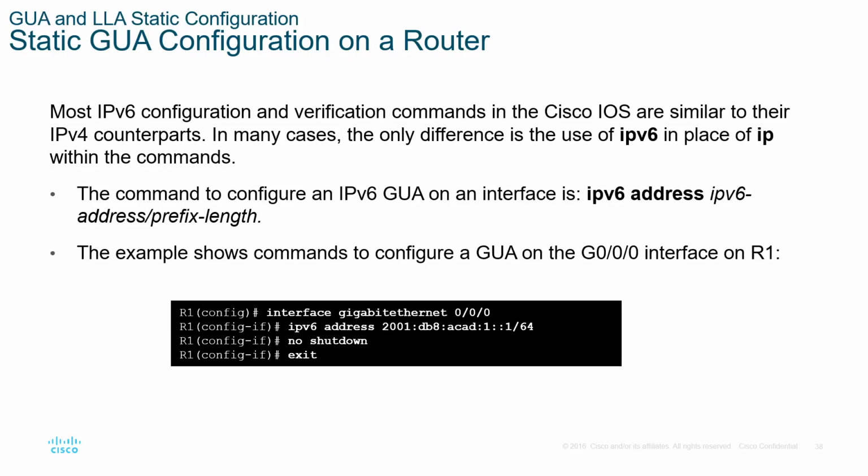In contrast with IPv4 address assignment, where we need to specify the subnet mask with decimal notation, for IPv6 we can just specify the prefix length with the / notation, and that's all we need. Once again, we need to make sure we bring the interface up by issuing the command no shutdown on the interface that we configured.